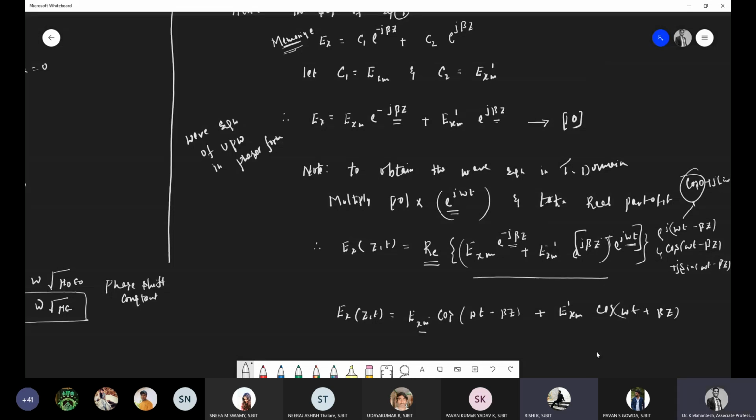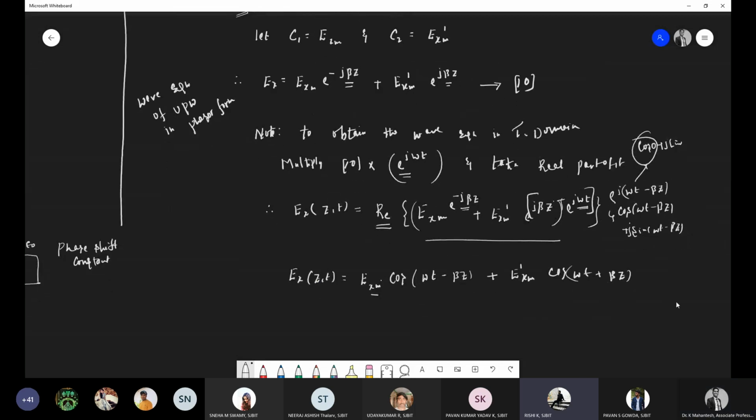Now this equation is the final wave equation of uniform plane waves in time domain.